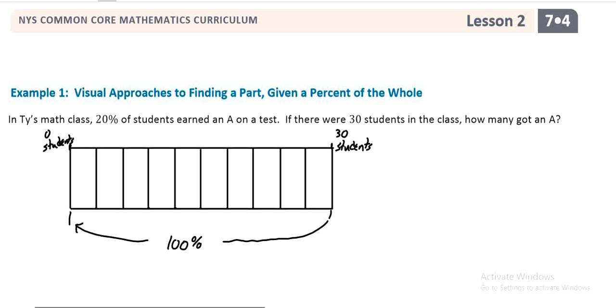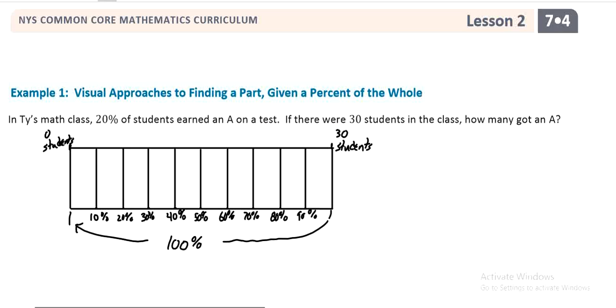I broke it up into 10 sections, each section representing 10%. So from here to here is 10%. This would be 20%, 30%, and so on. I filled it all in, 10, 20, 30, 40, 50, all the way up to the end here being 100%. All right, so we got our percentages broken up.